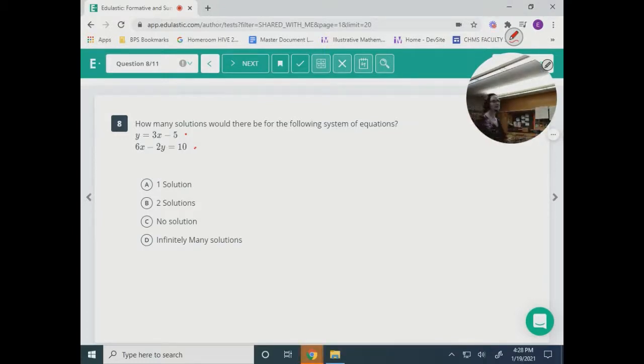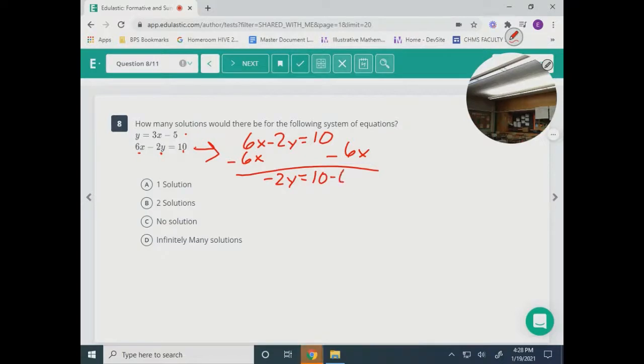I suggest, because I have this 2, that I'm going to divide by 2. This is nicely divided by 2, and this is nicely divided by 2. So I'm going to convert this second equation to y equals. I have 6x minus 2y is equal to 10, and I need to get y by itself. First, I subtract 6x from each side, leaving negative 2y is equal to 10 minus 6x.